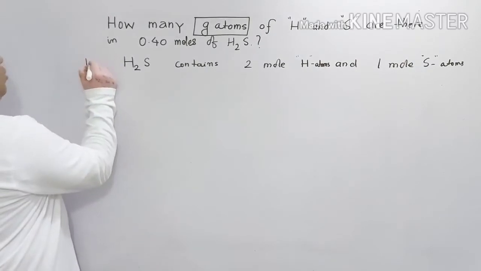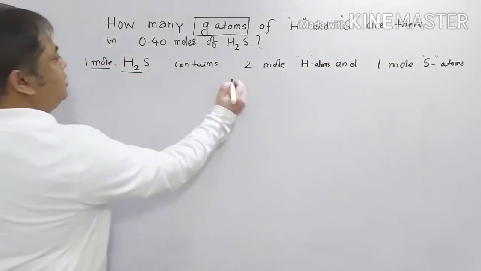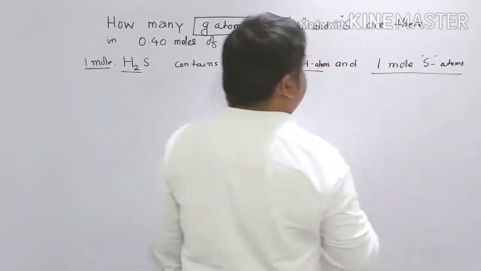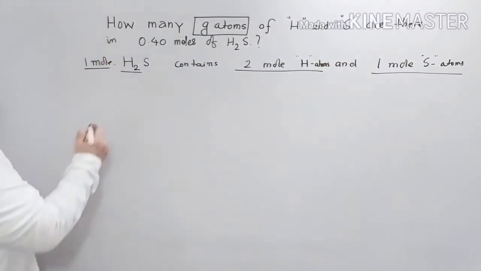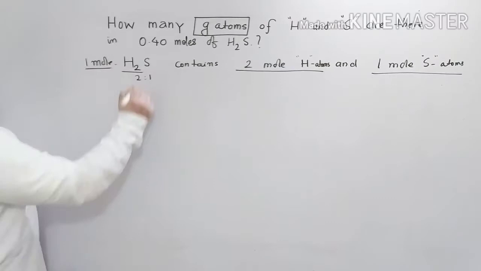So 1 mole H2S contains 2 mole hydrogen atoms and 1 mole sulfur atom. See, it is 2:1 ratio. Very simple. So how many moles are given?